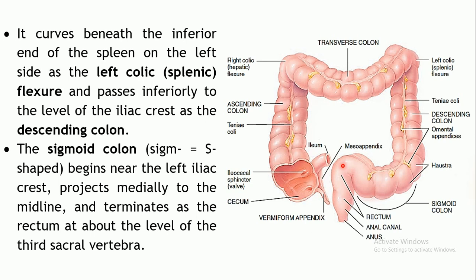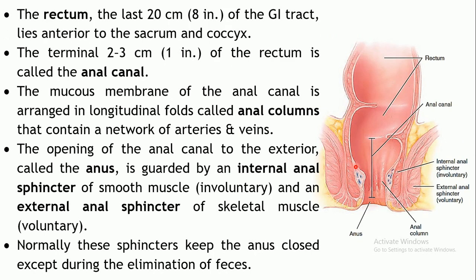The next part of the large intestine begins at this particular level, about at the level of the third sacral vertebra. Can you recall the sacrum? Five fused bones of the vertebral column. Just near the third sacral vertebra, the sigmoid colon ends and the rectum begins, which is the last part.